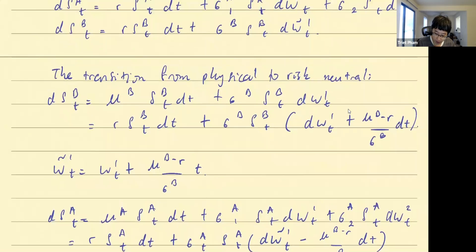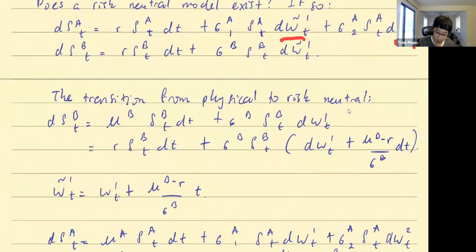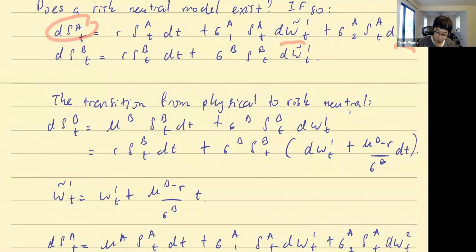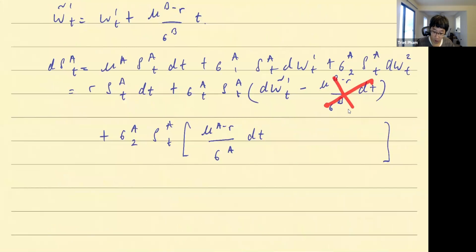You want the final model to be only W tilde 1 and W tilde 2 for the stock A. So actually, you don't want that term here to begin with, because the final risk neutral model should be only W tilde 1, W tilde 2. So you better cancel that term out too.